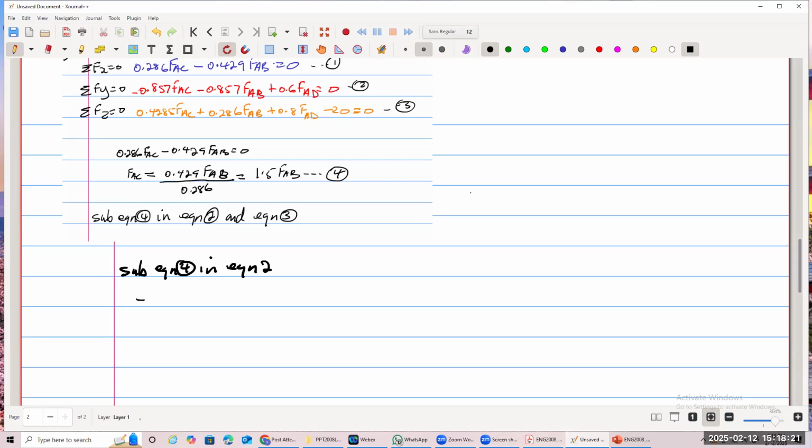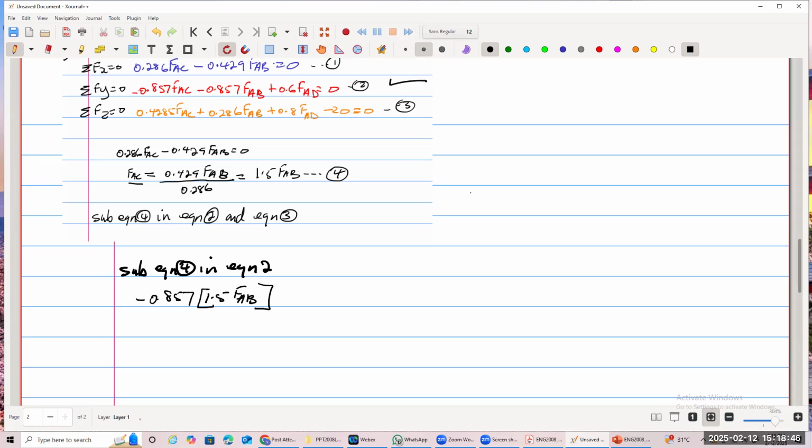So it is minus 0.857 FAC. Now I'm going to put a bracket beside it, and anywhere you see FAC, you're going to put 1.5 FAB. Close bracket. Because that's the first one here we're working with.